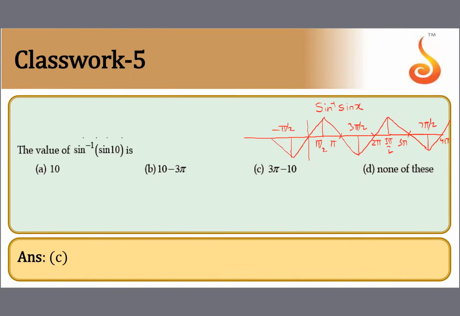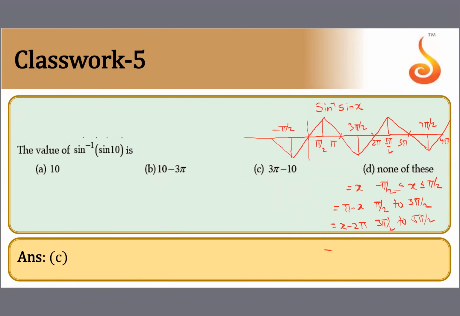So what we observe is sin inverse of sin x is equal to x in the interval minus pi by 2 to plus pi by 2. This is equal to pi minus x in the interval pi by 2 to 3 pi by 2. And this is equal to x minus 2 pi when x is from 3 pi by 2 to 5 pi by 2.